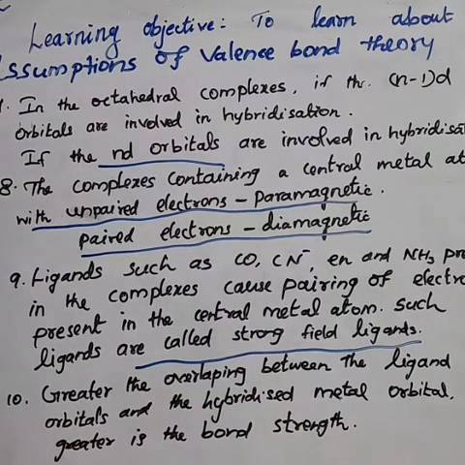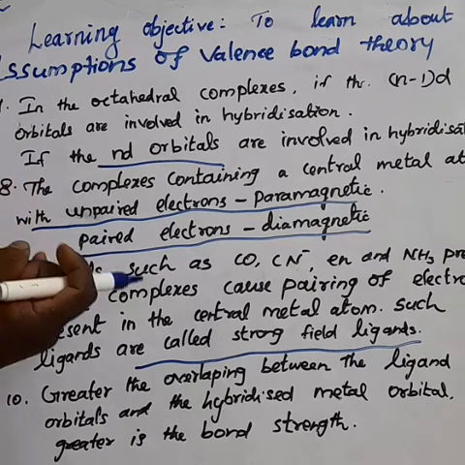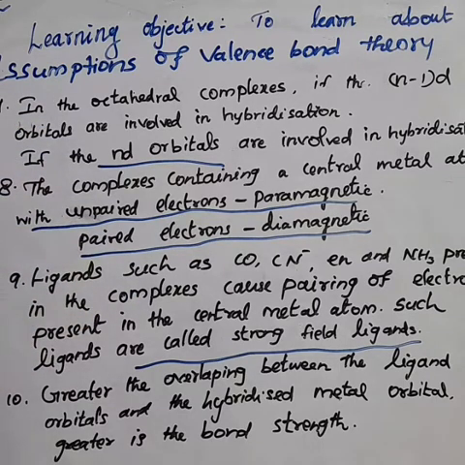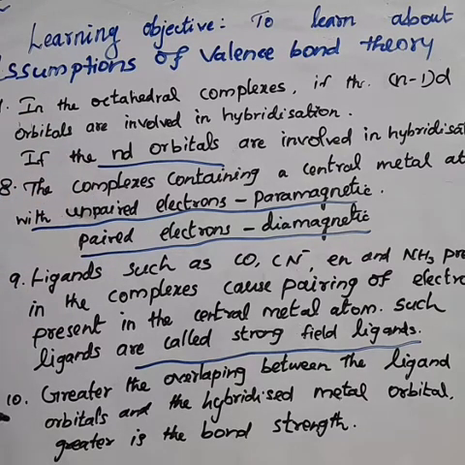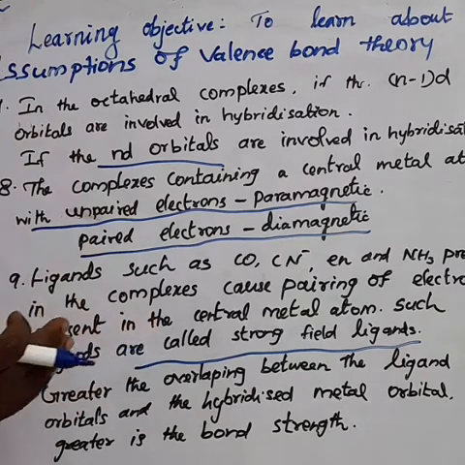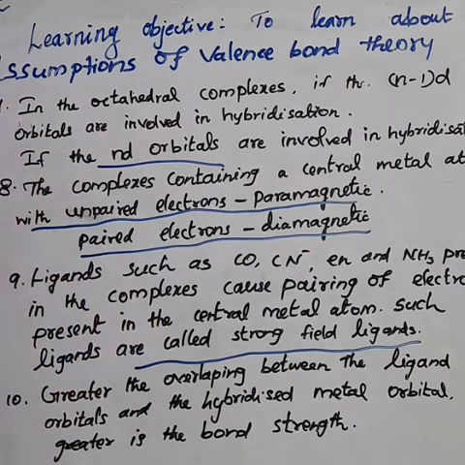Ligands such as CO, carbonyl, CN minus, cyano, en, ethylene diamine, and NH3, ammonia, called amine. These ligands present in the complex cause pairing of electrons present in the central metal atom. Here pairing of electrons takes place.